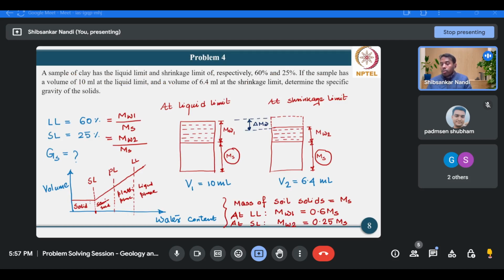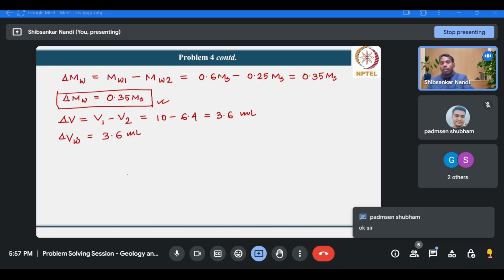If you reduce the water content beyond shrinkage limit, then the soil sample will no longer be under complete saturation. The degree of saturation will start reducing and it will be under unsaturated or partially saturated condition. However, from LL to SL, the soil is under complete saturation.